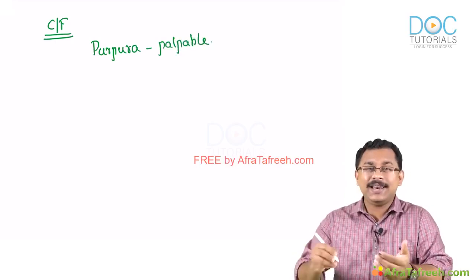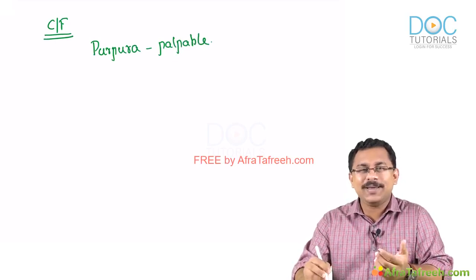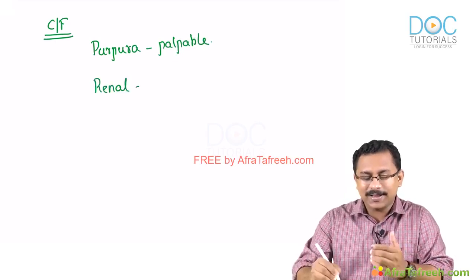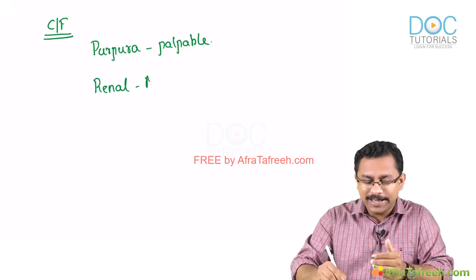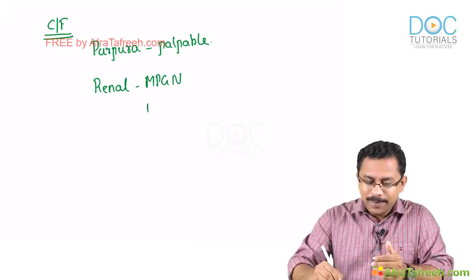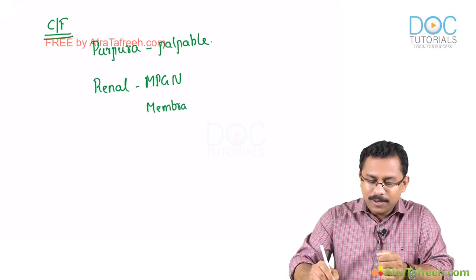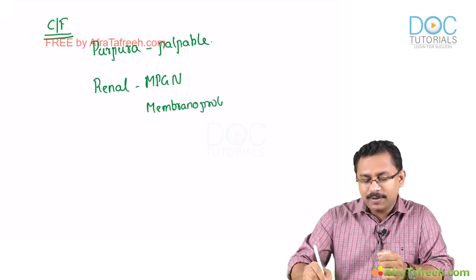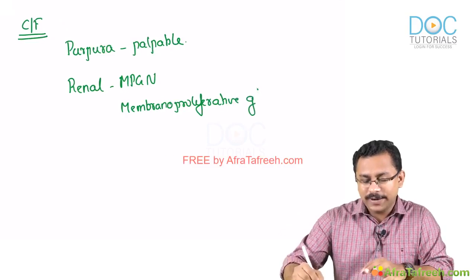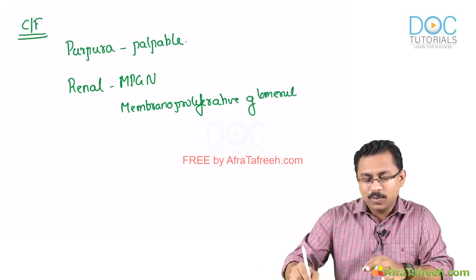You may have renal involvement, but the renal involvement associated with cryoglobulinemic vasculitis is often an MPGN, membranoproliferative glomerulonephritis.